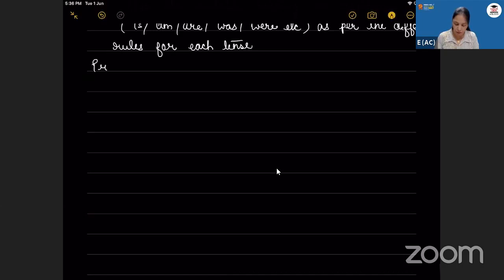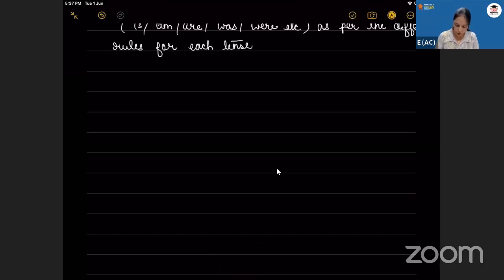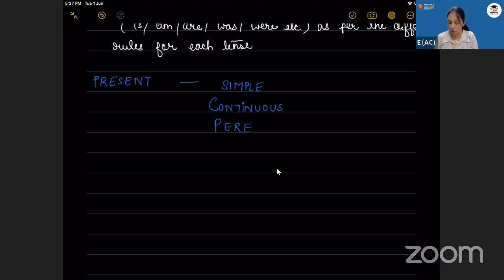For present, simple, continuous, and perfect. The passive voice of perfect continuous is never made. Only simple, continuous, and perfect will be converted into passive voice.